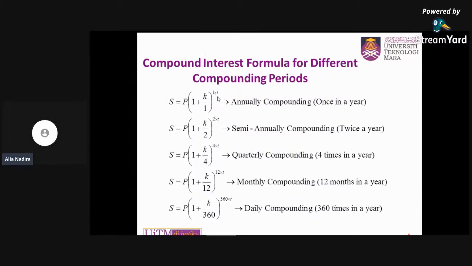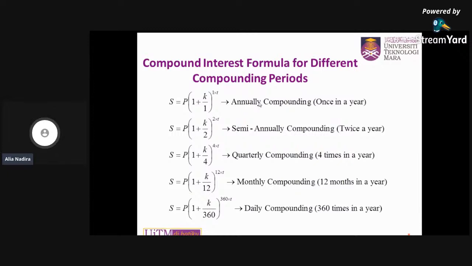So here, as you can see, we want to see the compound interest formula for different compounding periods. So normally in compound interest punya question dia ada perkataan compounding. Okay, so kalau ada perkataan compounding means we need to use compound interest formula.